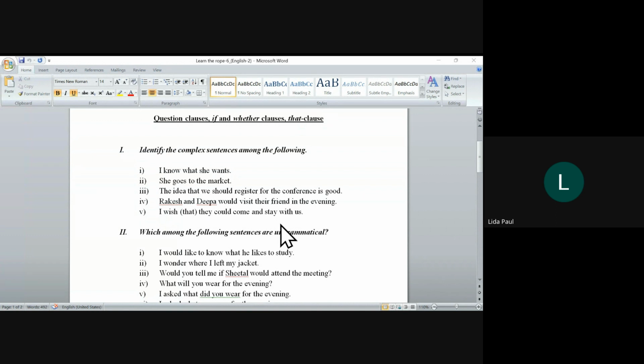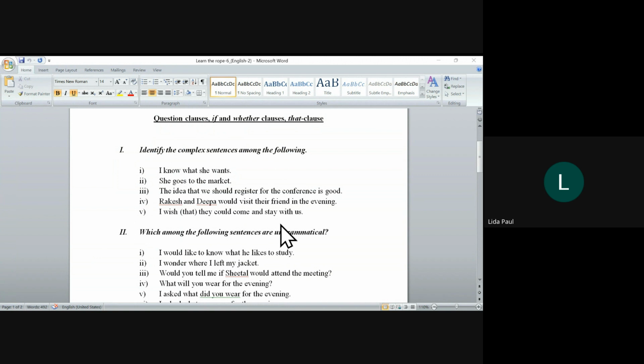Now, the clauses we are going to discuss today are more than functional. They have functions, but they are more structural than functional. The moment you use things like this, you introduce something on the structural aspect of the sentence rather than its function.